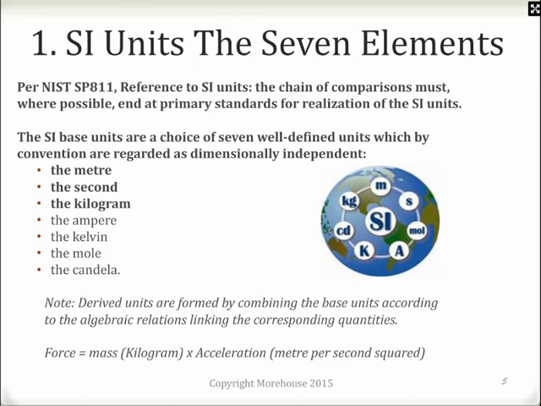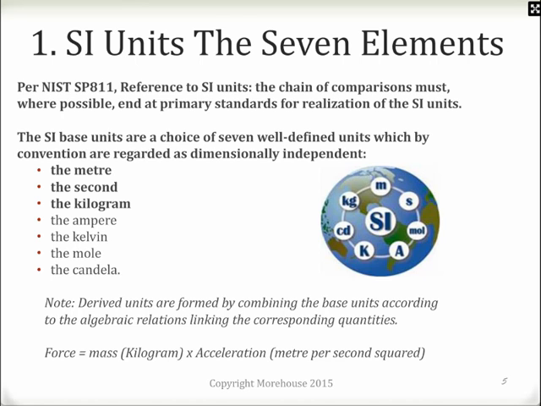Number 1, SI units. Per NIST SP 811, for reference to SI units, the chain of comparisons must, where possible, end at primary standards for realization of the SI units. The SI base units are a choice of 7 well-defined units which by convention are regarded as dimensionally independent. These units are the meter, the second, the kilogram, the ampere, the Kelvin, the mole, and the candela.